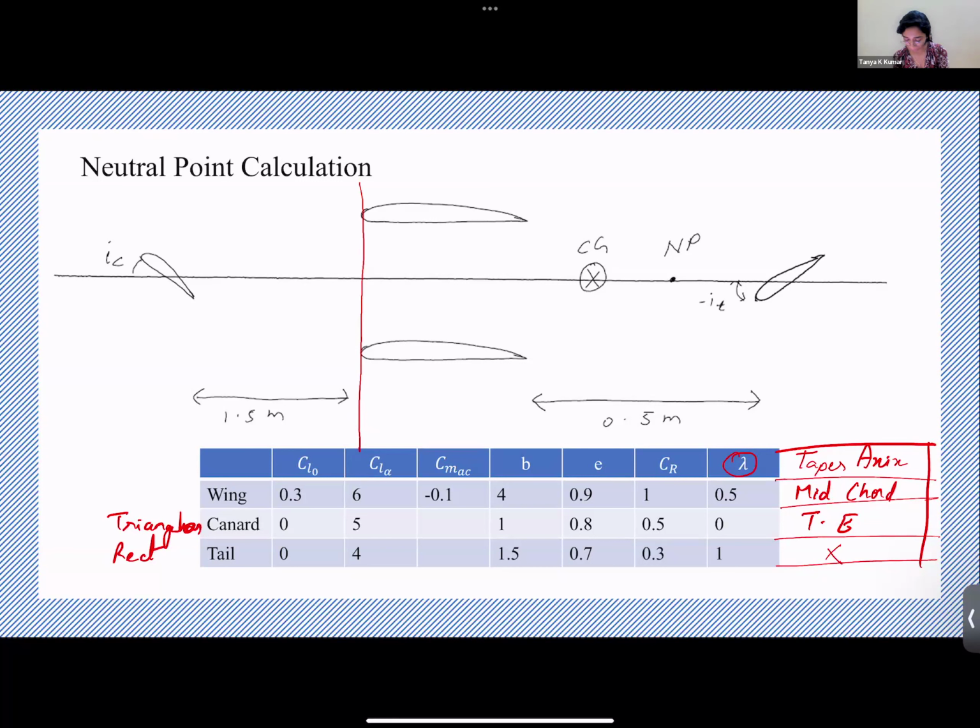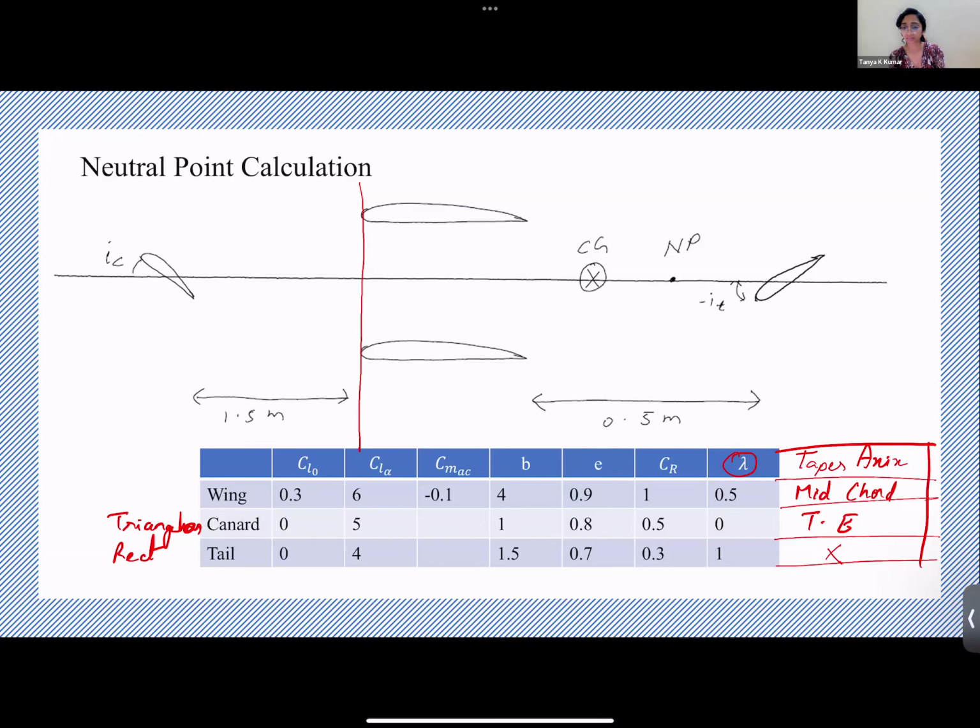Okay. So both canard and tail are what kinds of airfoils? What kind of airfoil is the wing? Look at the data that is given to you. What type of airfoil? Positive camber, exactly. What about canard and tail?